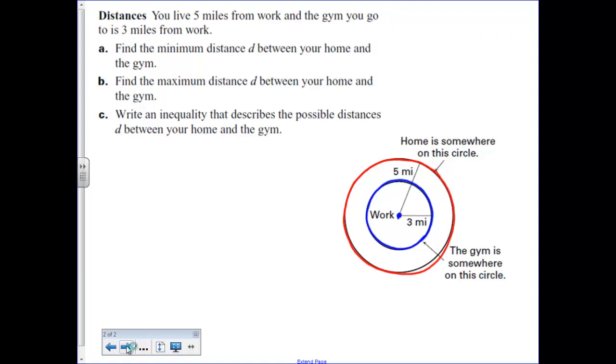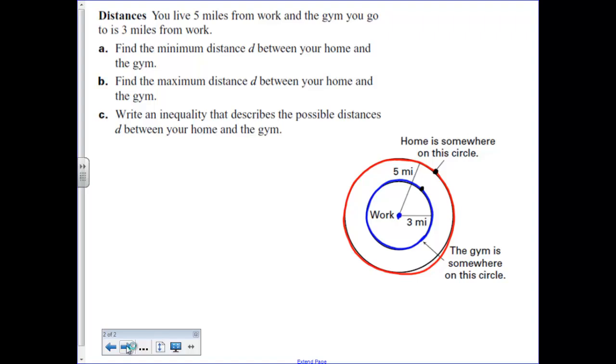First question, find the minimum distance between your home and the gym. Let's just assume for a moment that your home is right here, the closest you could ever get to the gym, on the blue, would be as if the gym was located right here on the same side of the circles, kind of in line with the work.